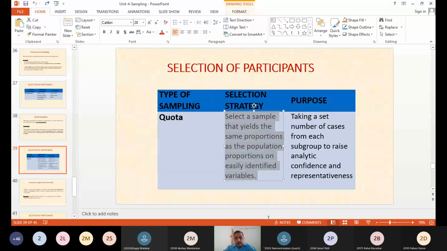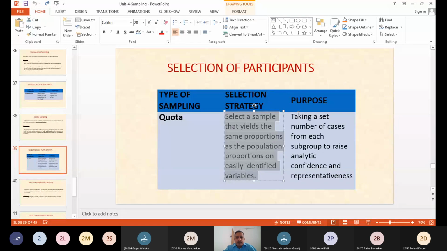How many males are there? How many females are there? Based on this easily identified variable, we select a quota of sample from that particular population. So if we want to select 100 students, based on gender, we'll select that many males or that many females based on their proportion in the population.